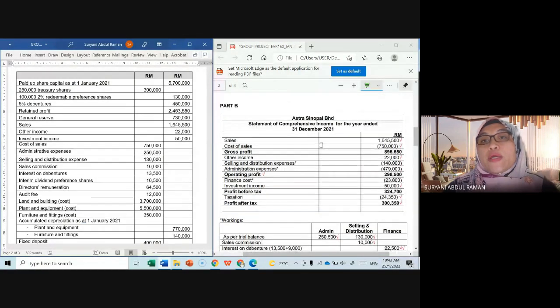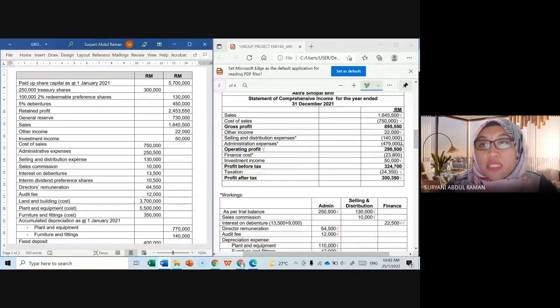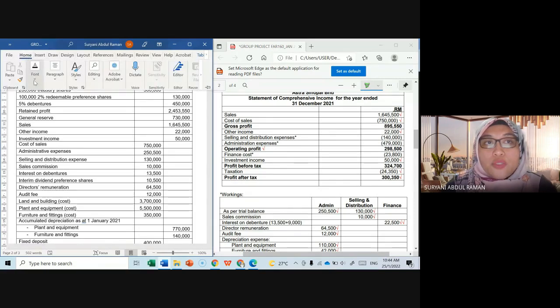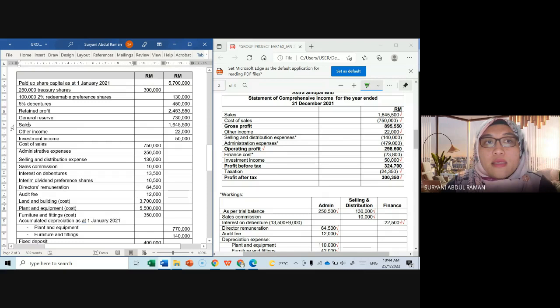So the first one is the SOPL. As you can see, there is no adjustment for sales. The amount is still the same. Class, when you have completed an item, I always like to remind students that you may just cancel the item.